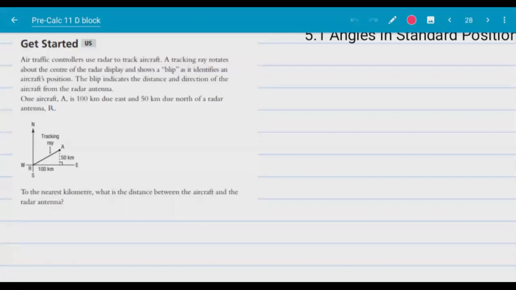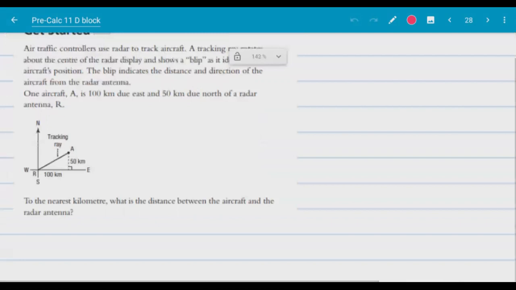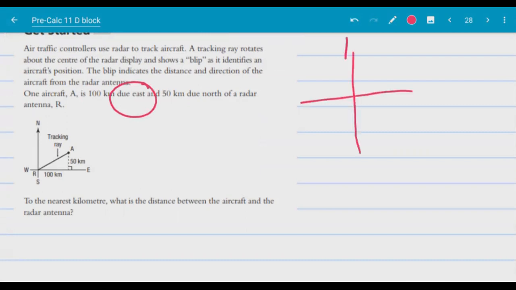So one particular aircraft, A, is 100 kilometers due east and 50 kilometers due north of a radar antenna R. Now, if you don't know what due east means, it means the different northeast or south directions would be like this.